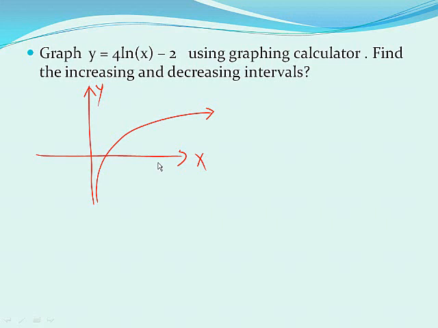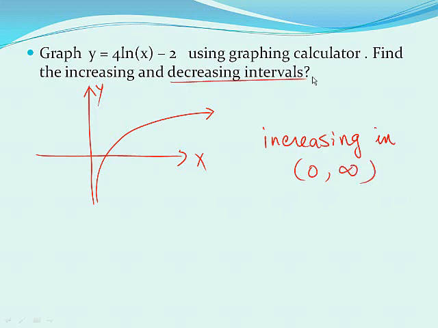So the answer to the first question will be increasing in the interval 0 to infinity. The answer to the second part of the question, find the decreasing interval: this function is not at all decreasing, so we can answer this as never decreasing.